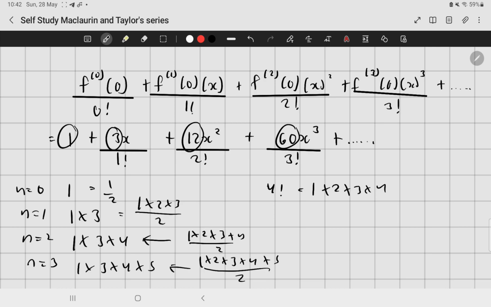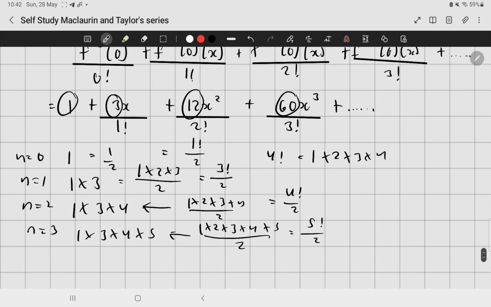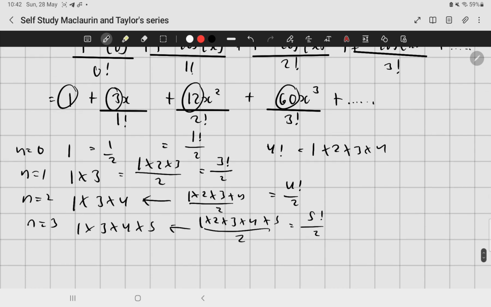So what does that mean? It means that this will be 2 factorial over 2, this will be 3 factorial over 2, this will be 4 factorial over 2, 5 factorial over 2. So we can see there's a pattern.